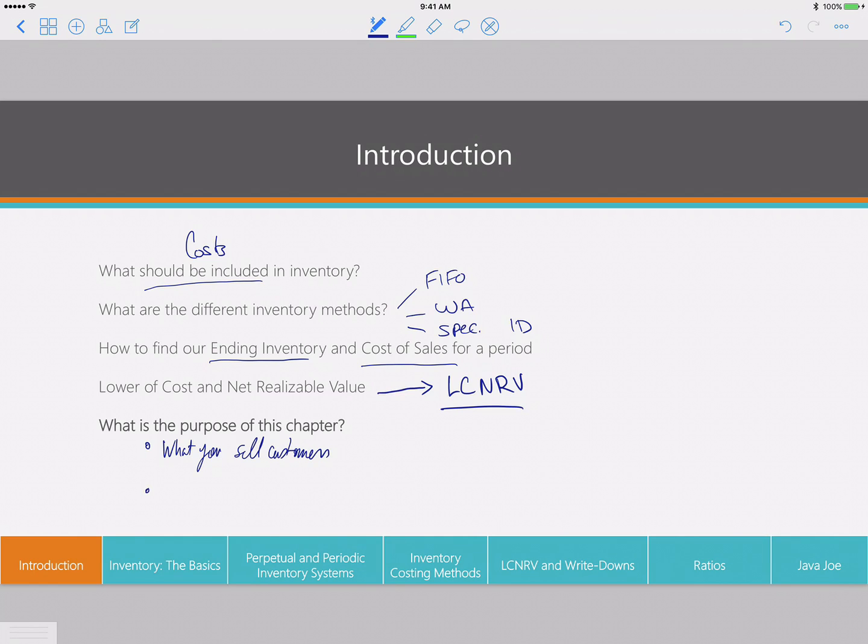On the exams, the entire point is to allocate cost between either your ending inventory or your cost of goods sold. Inventory is on your balance sheet, and cost of goods sold is expensed on your income statement. Most exam questions focus on this allocation of cost between the two. Your inventory will end up in one of those two places at the end of the year.